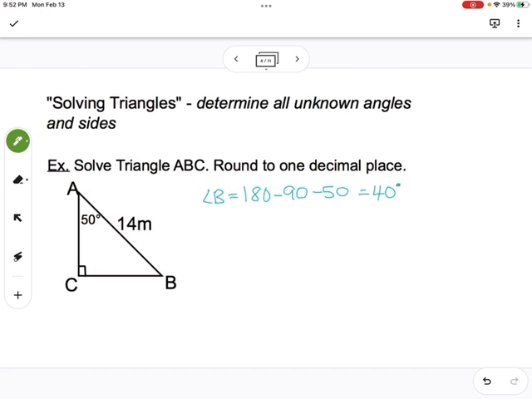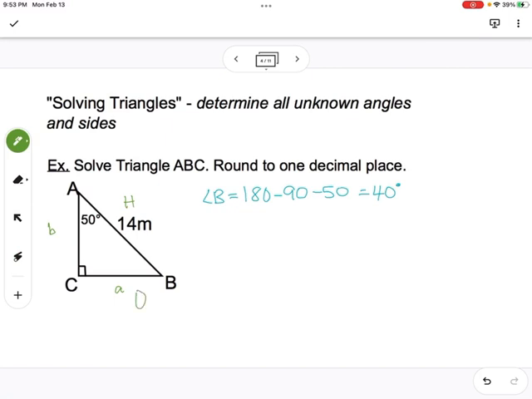Now we can look at finding sides B and A based on having this angle of 50 degrees and the hypotenuse of 14. So in respect to this angle, this is the adjacent side and the A is the opposite side.